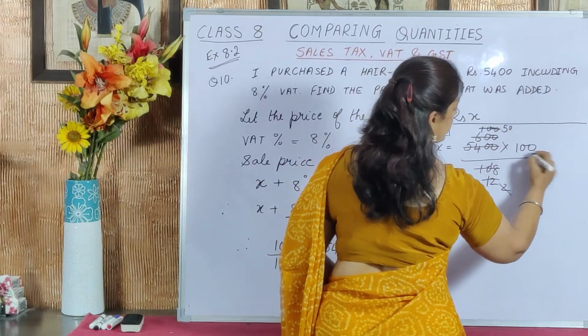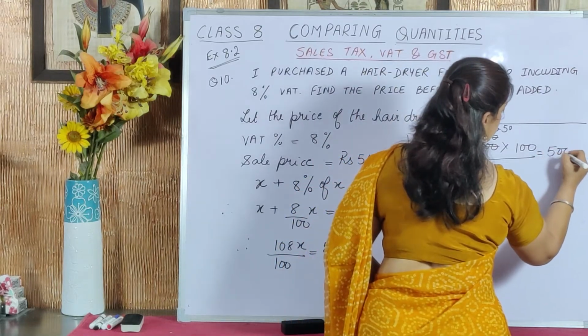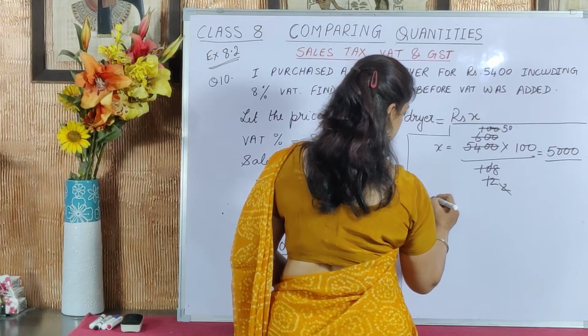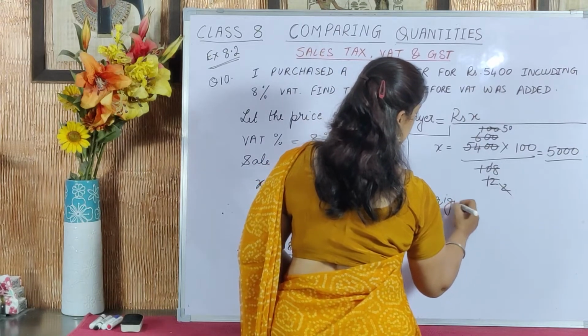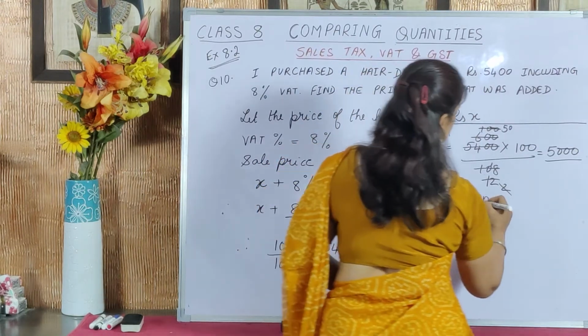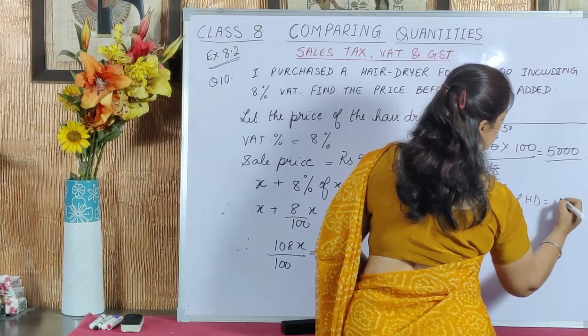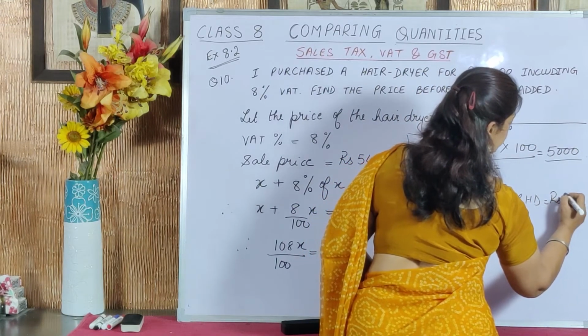So 50 into 100 gives 5,000. Therefore, we can say that the original price of the hair dryer is rupees 5,000.